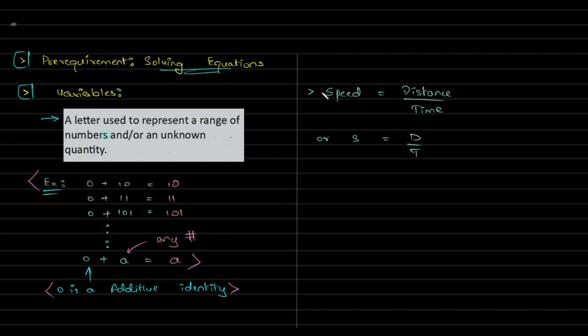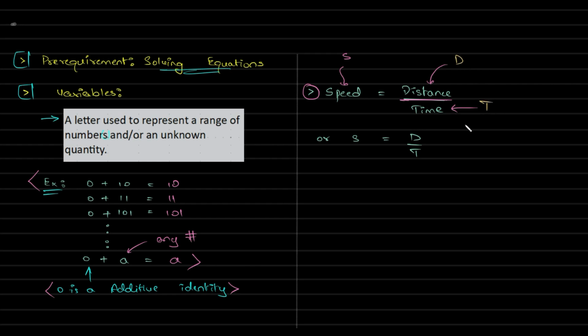Of course, we have situations like formulas wherein we tell speed is nothing but the distance we cover divided by the time. So we are dividing this distance by time, and that will give me speed. Of course, I can't keep writing this. So in place of speed, I'm going to write s. In place of distance, I'm going to write d.